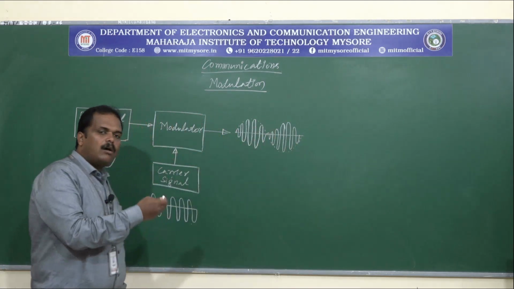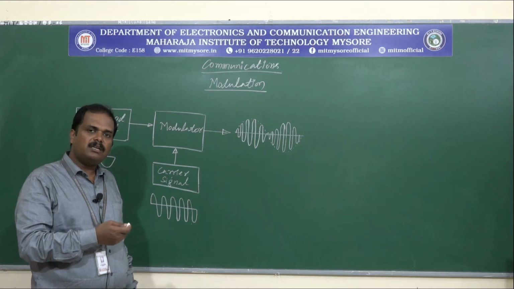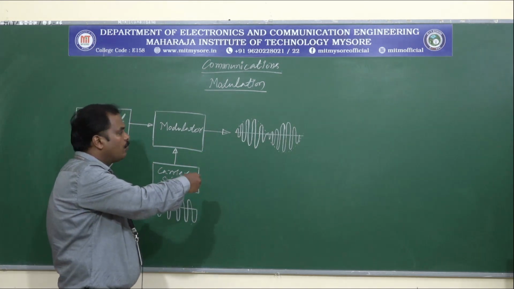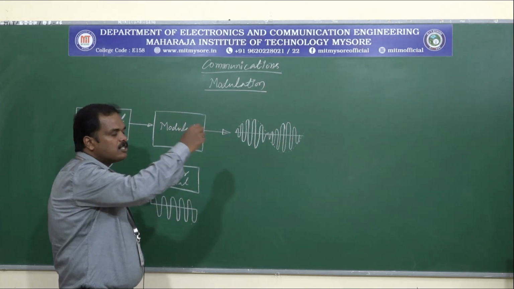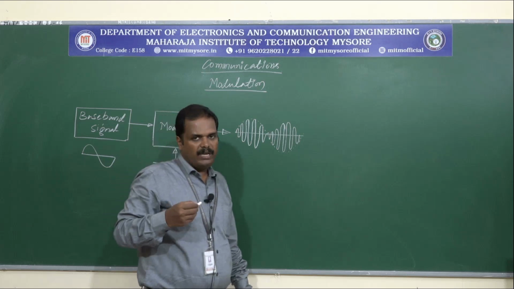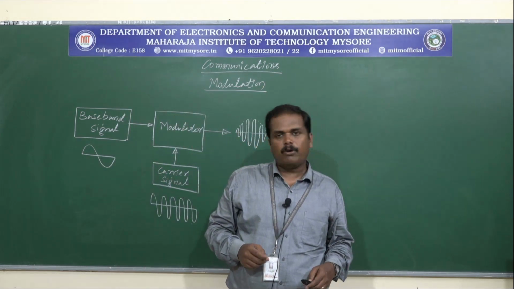So this is how an amplitude modulated signal looks. What we are seeing here is that the frequency of the carrier signal has been kept constant, whereas the amplitude has been varied as the message signal varies. So this is what we do in the modulation process.